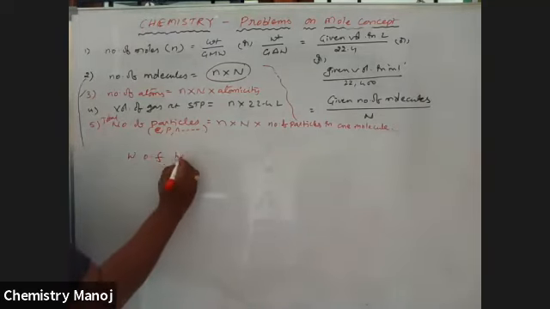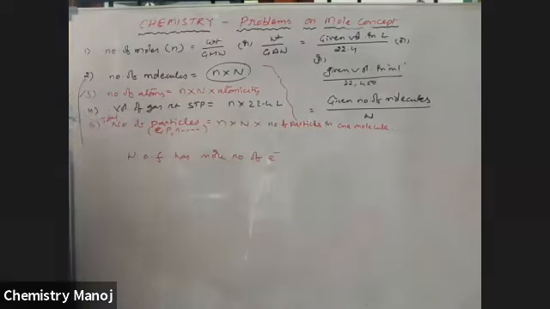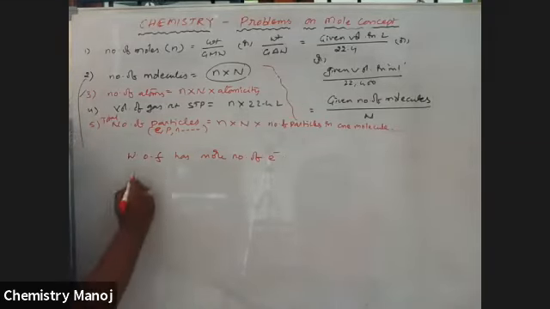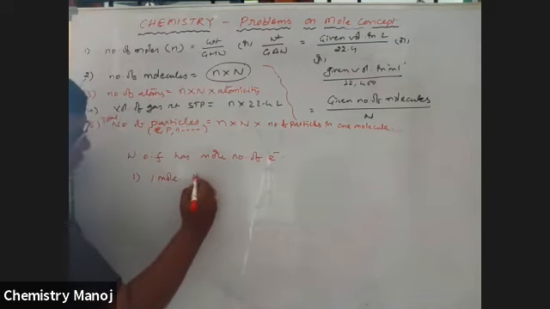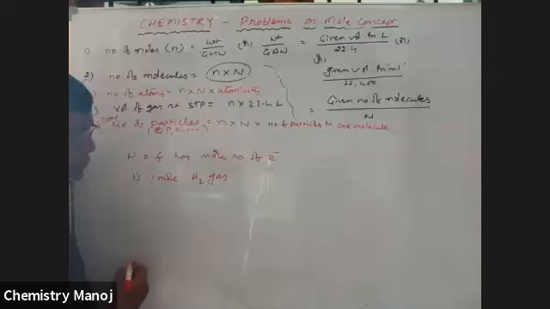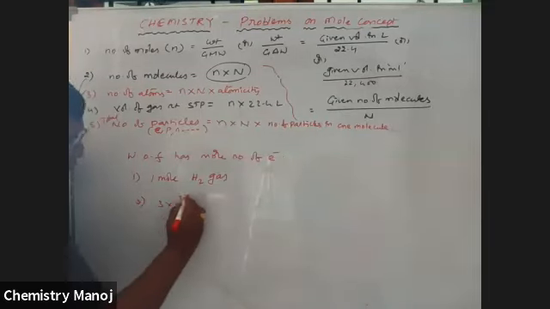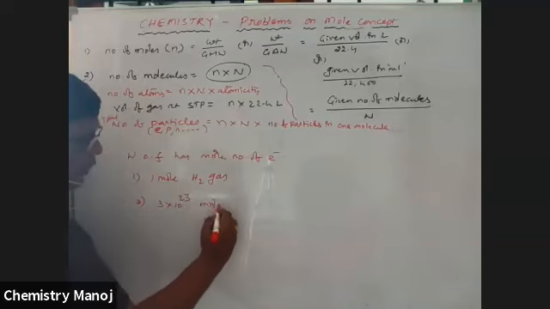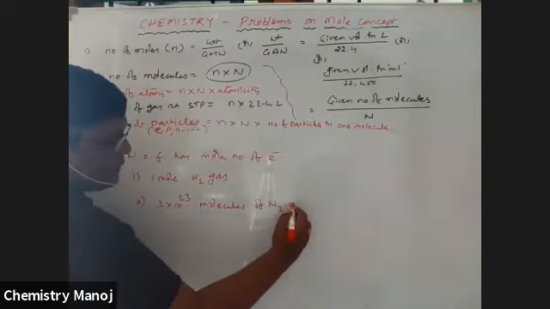Which of the following has more number of electrons? Option 1: 1 mole hydrogen gas. Second one: 3 into 10 power 23 molecules of nitrogen gas.